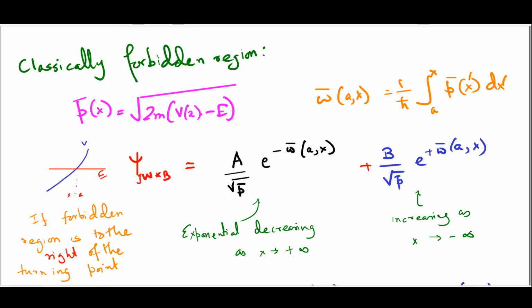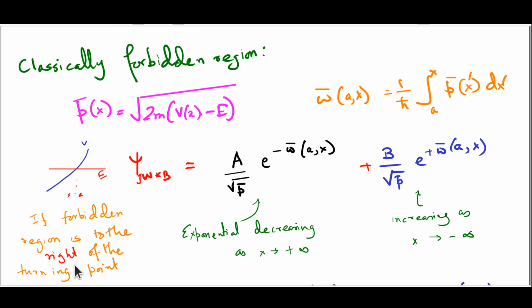This is slightly different from the standard calculus sense of the word decreasing or increasing, where you mean that a function is decreasing if it decreases whenever x increases. Now, if the forbidden region happens to be to the right of the turning point, as you can see in the picture here, the potential energy is more than E when you are to the right of the point x equal to a, the turning point.